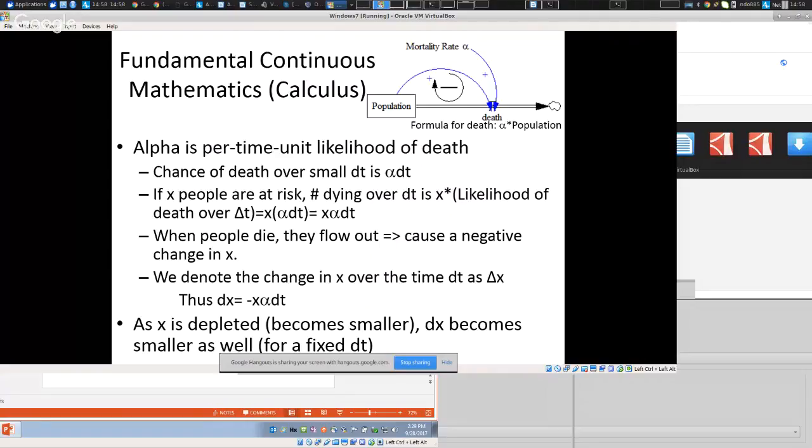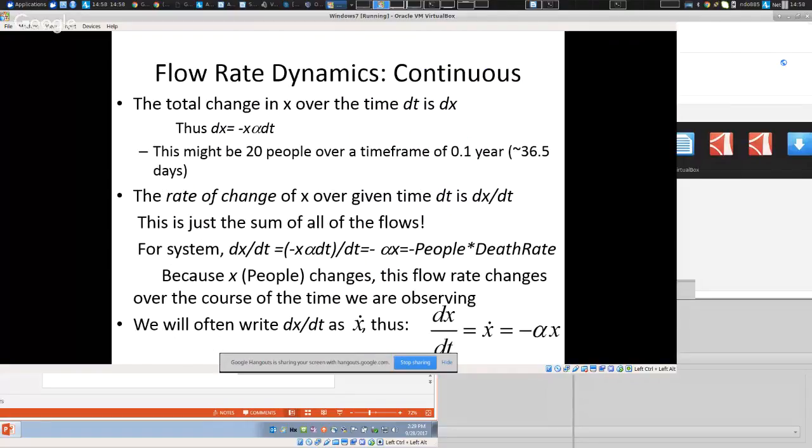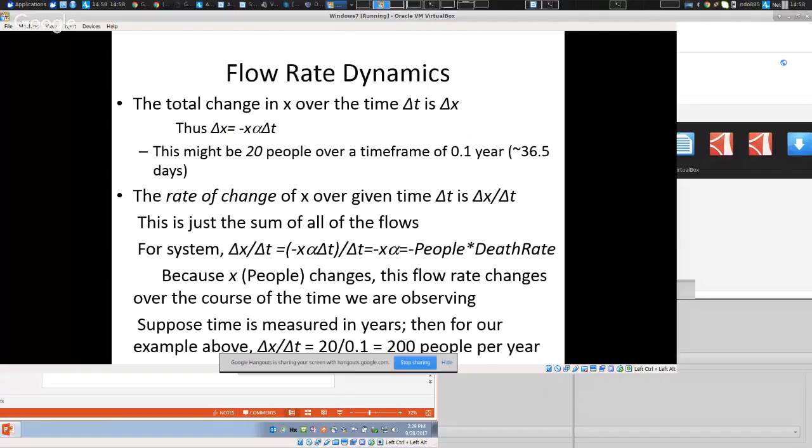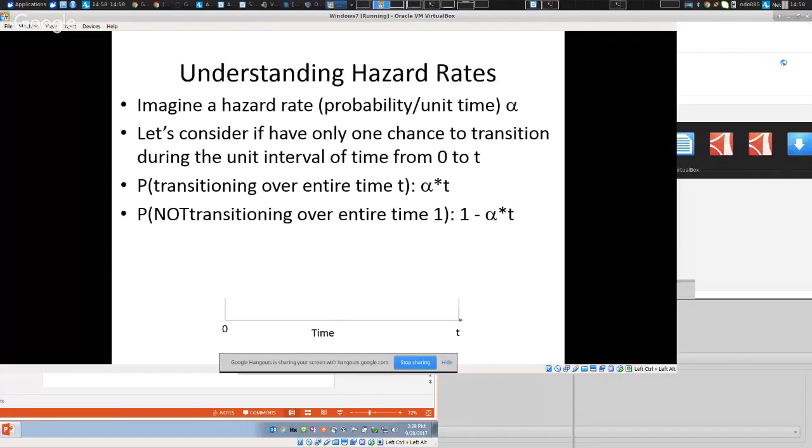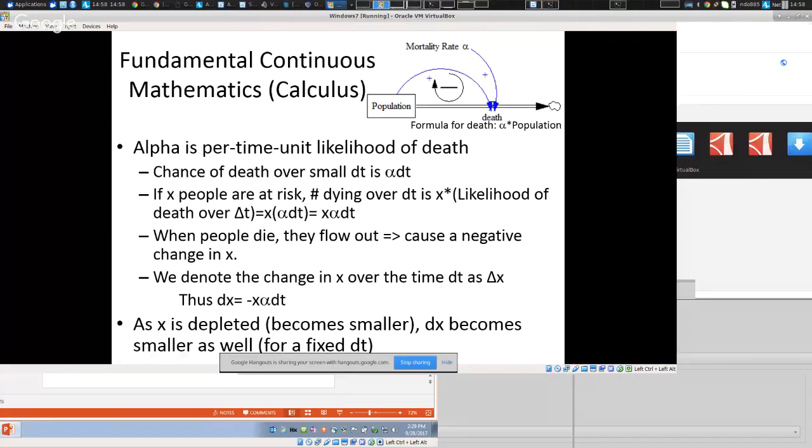we talked about how this stock and flow is associated with some underlying mathematics. And last time I introduced this to talk about the fact that you have a certain chance per unit time of leaving the stock. Not just once, but no matter how finely you look, you have a certain chance of leaving in the next little bit.